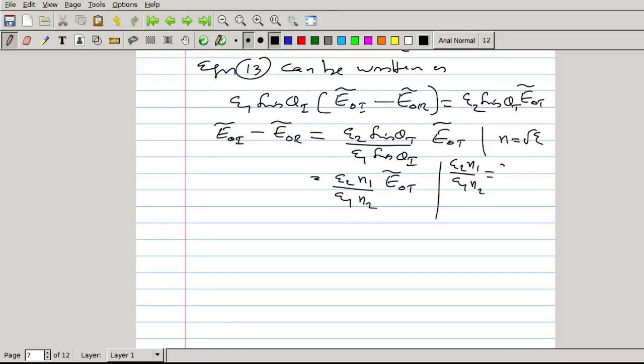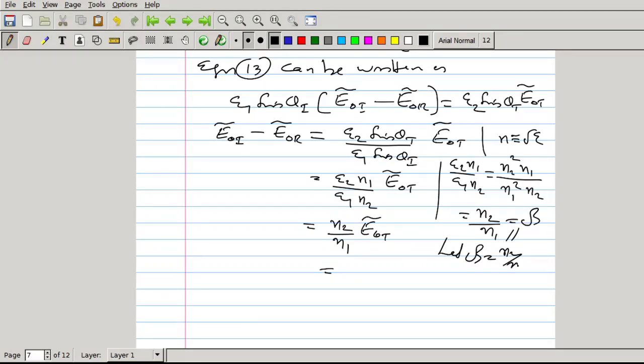We can write epsilon two as n2 squared, and epsilon one is n1 squared. So n1 and n2 get cancelled, and we will have n2 by n1 into E0t. This I will give as beta. Let beta equal n2 by n1. So this is beta E0t.